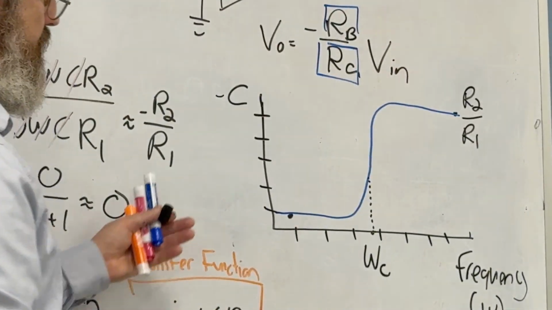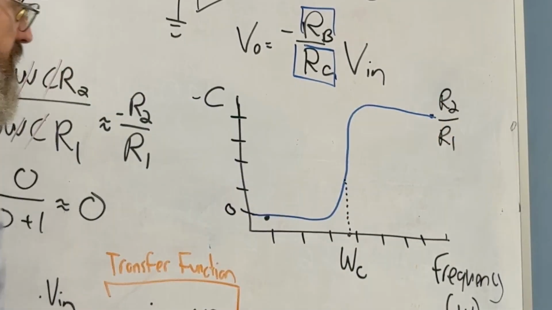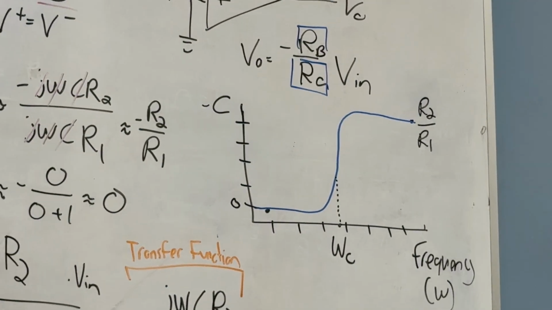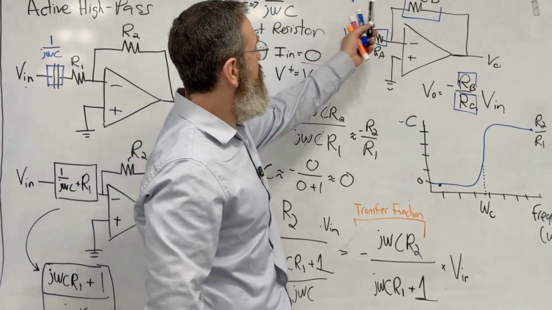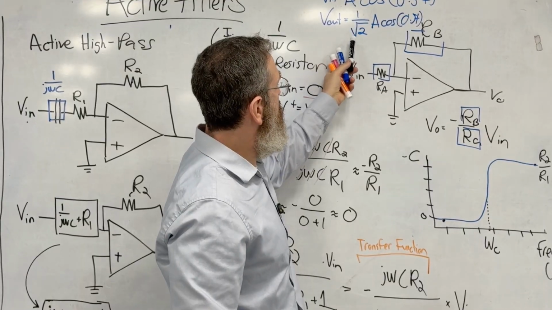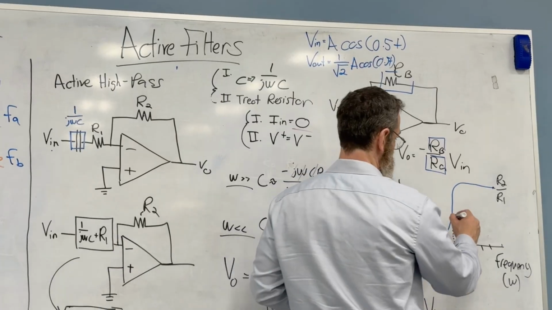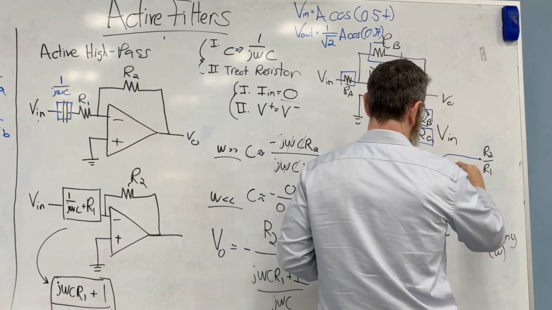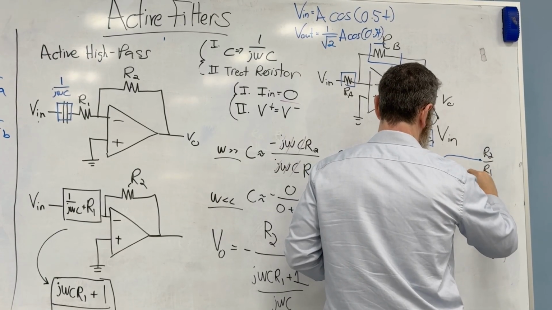It's the difference between when things are about 0 and when things are not 0. And we know at the cutoff frequency, the gain is 1 over, well, for this thing it was 1 over square root of 2. But in this case, it's going to be 1 over square root of 2 of R2 over R1.